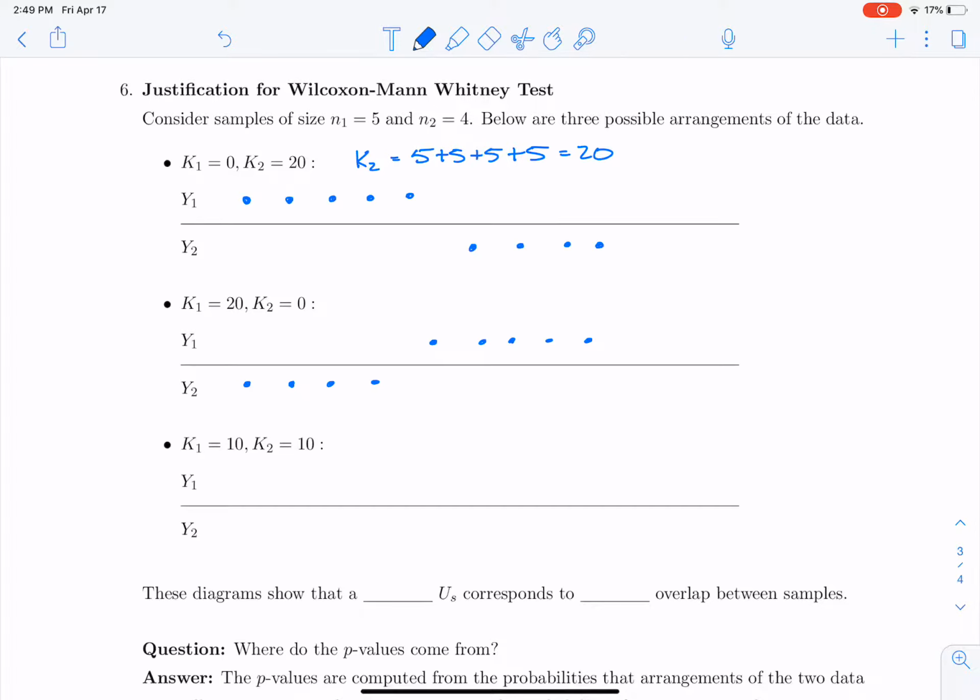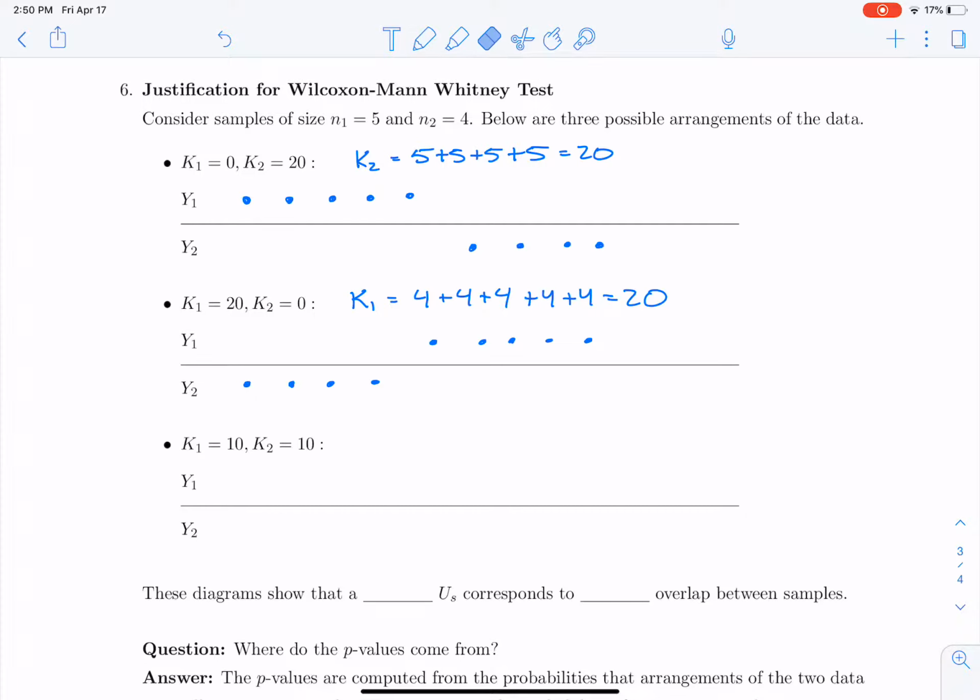And then K1 would be 20 because below each one of these 5 samples are 4 samples from the other group. So I get 4 plus 4 plus 4 plus 4 plus 4, which is 20. And so you have the 2 most extreme cases, where all of the samples from one group are above all of the samples from the other group, giving a maximum value for your test statistic of 20.